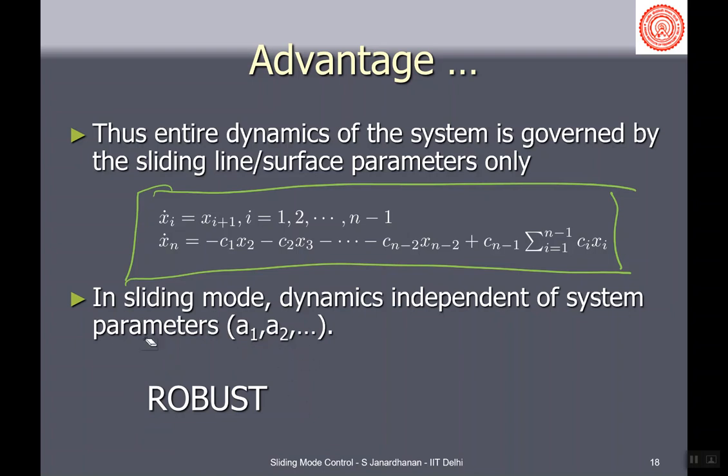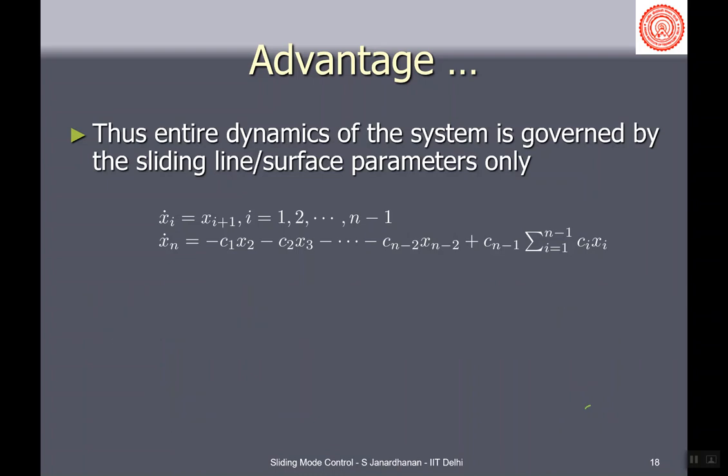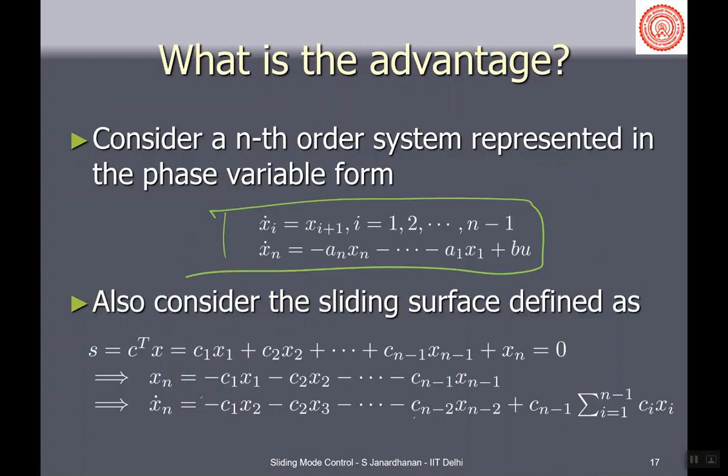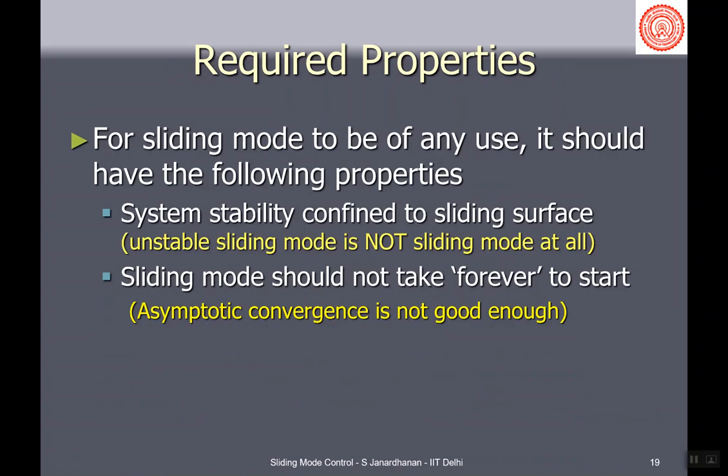So if your C are designed properly and you're able to design a sliding mode controller such that sliding mode is achieved, that is such that s is made equal to 0, what you end up with is a system that when in sliding mode is completely invariant or completely immune to changes in these A parameters. Okay, so that is the robustness property.